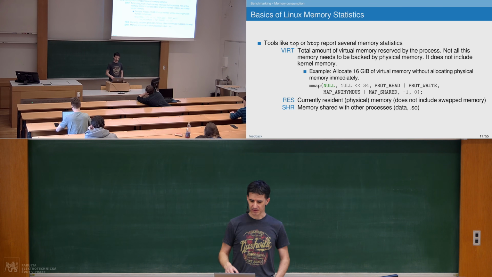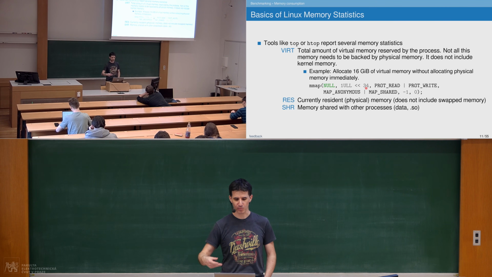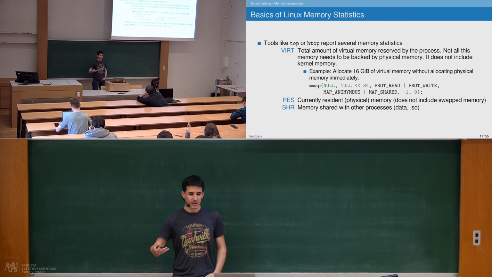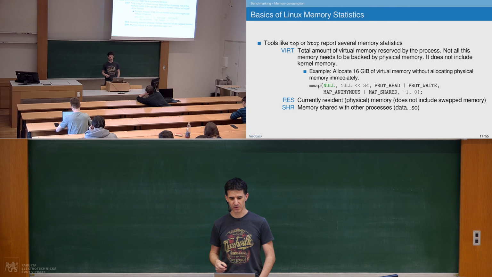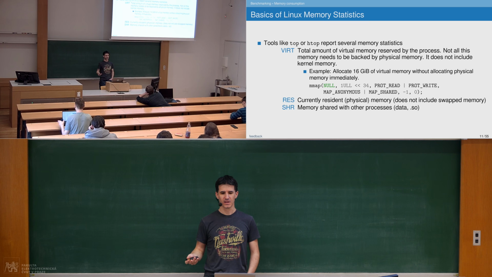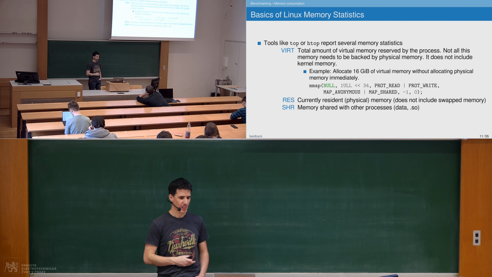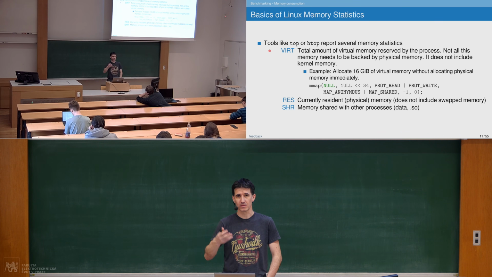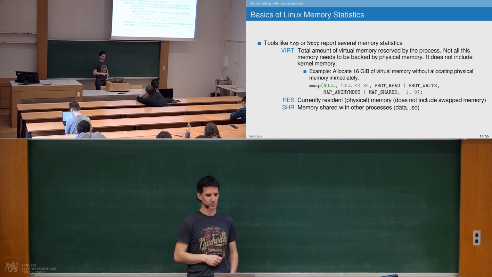For example, you can do this, one shifted to left by 34 bits, which means 16 gigabytes of memory. You can do this on a computer with much less memory, like 4 gigabytes, and this will succeed. It will just allocate some page tables which point to nowhere, and this virt value in top or htop will report 16 gigabytes, but your program is not using that.